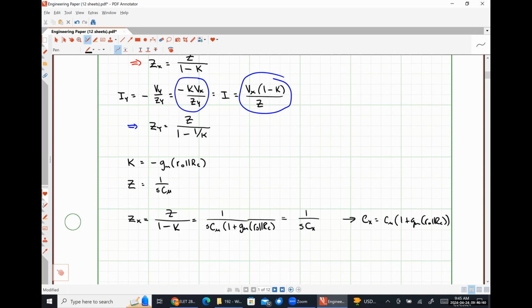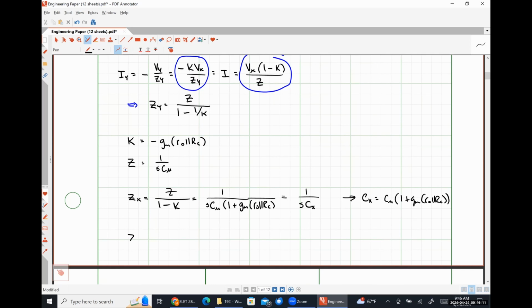So effectively, we see that the capacitance at the input side of things is going to get boosted by a very significant amount, right? So whatever the gain of our amplifier is in magnitude, C mu gets multiplied effectively by that gain plus 1 when it gets referred to the input side of things.